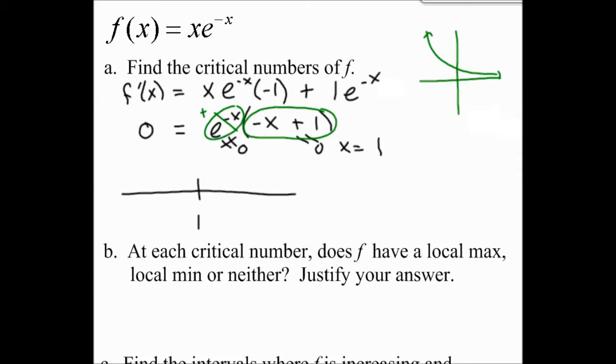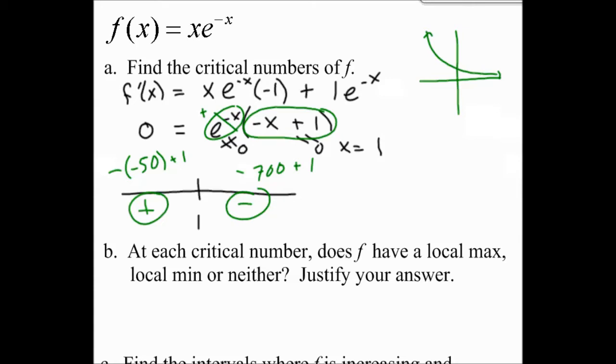So if you have a big negative number, you'll have a negative times a negative, let's say 50, right? Plus 1, and you can see that'll end up being a positive number. Whereas if x is a really large number, like 700, you have negative 700 plus 1, which is negative.